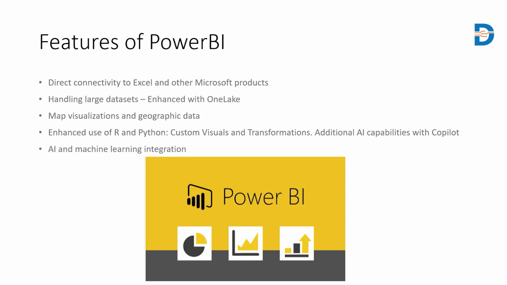It also uses R and Python extensively, and allows custom visuals. Map visualizations and geographical data insights are very easy to generate using Power BI. Additional AI capabilities have been incorporated into Power BI with the use of Microsoft Copilot, which is an AI assistant.